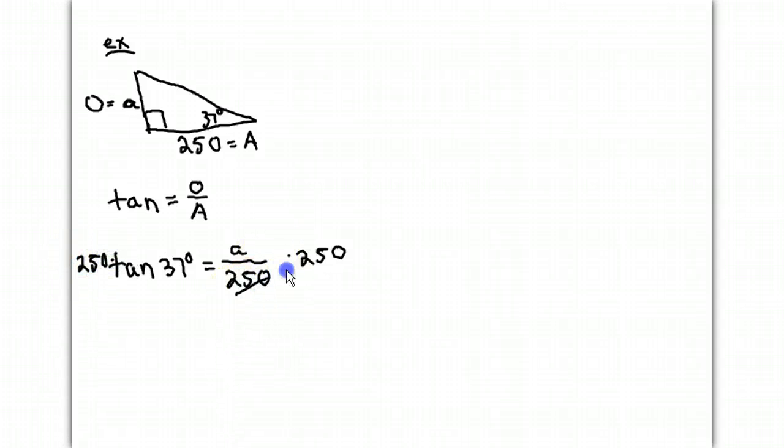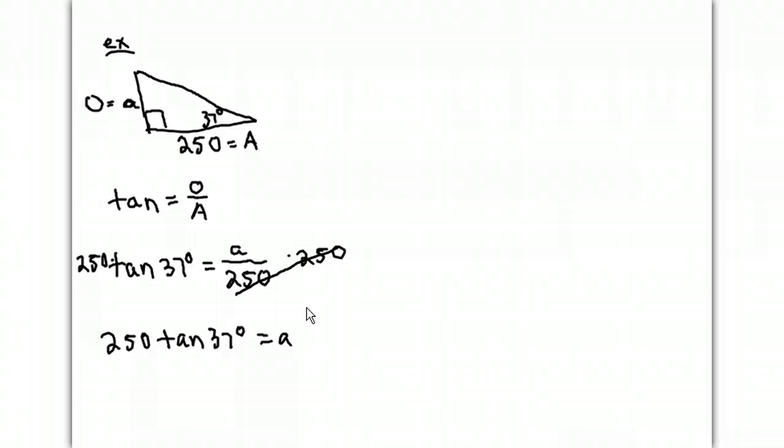What will happen is the 250s will cancel here, and you'll end up with 250 tangent 37 degrees equal a. And when you plug that into your calculator, that comes out to 188.4 if you round it. So side a is equal to 188.4.